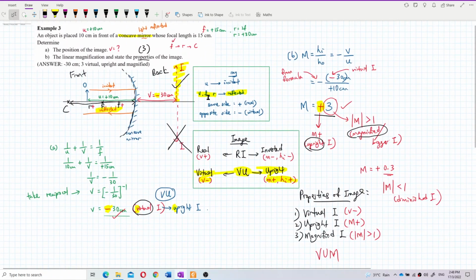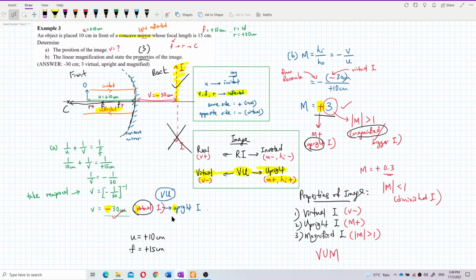So why is it producing a virtual upright magnified image? If you look at the object distance compared with the focal length, let me write it down. The object distance is positive 10 centimeter. The focal length is positive 15 centimeter, and the radius is positive 30 centimeter.